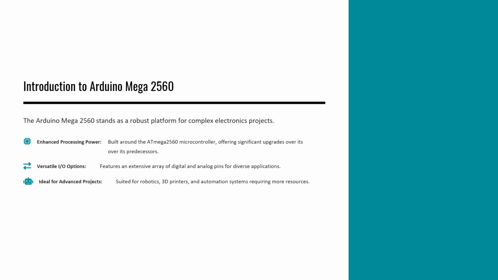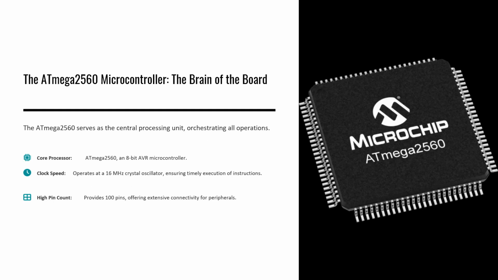Mega 2560 microcontroller. At the heart of the Arduino Mega 2560 is the Mega 2560 microcontroller. This is an 8-bit AVR microcontroller developed by Microchip Technology. The microcontroller operates at a clock frequency of 16 MHz, which means it executes millions of instructions per second.